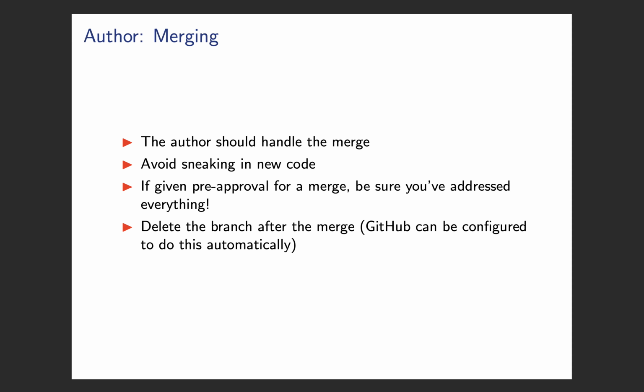And as the author, you want to avoid sneaking in new code. It's not hard and fast, but usually that's not good, especially on regulated projects. And if you have one of those pre-approved merges, be sure that you really did check all the comments, and then finally delete the branch.